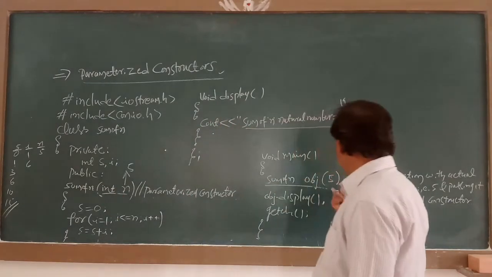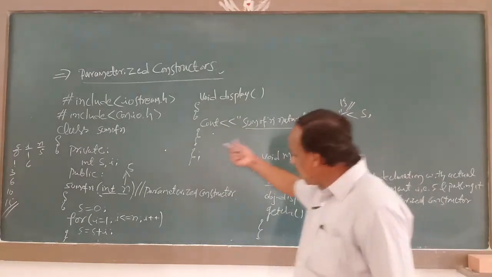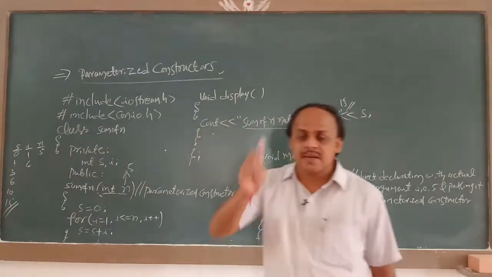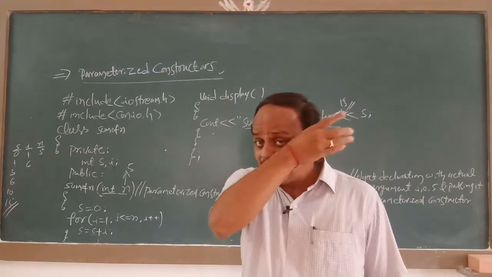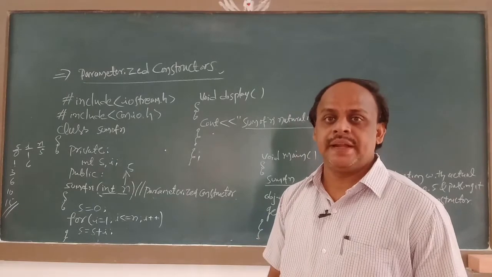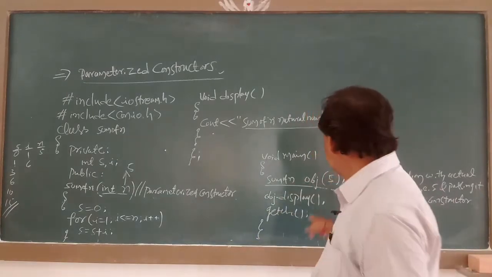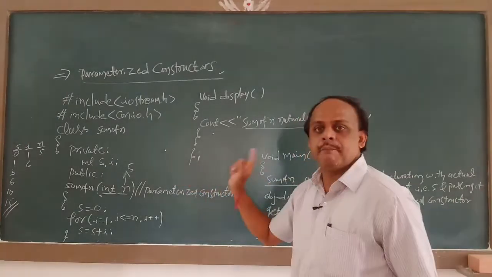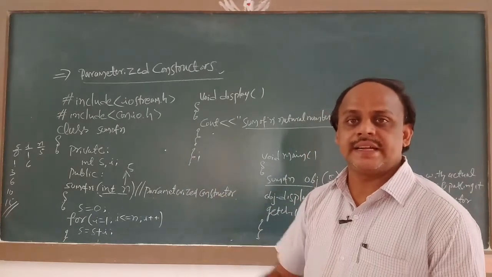Suppose I am passing a float value, then this parameterized constructor must hold one float argument. Like this, actual and formal must match in their data type.